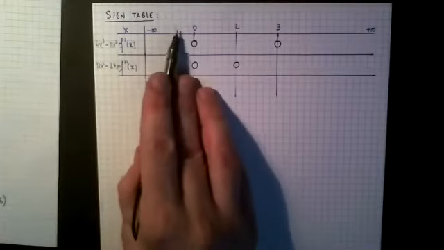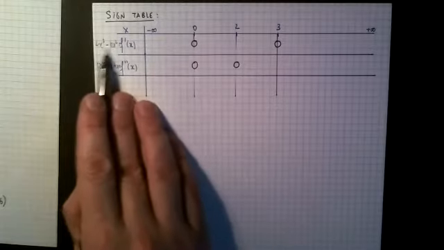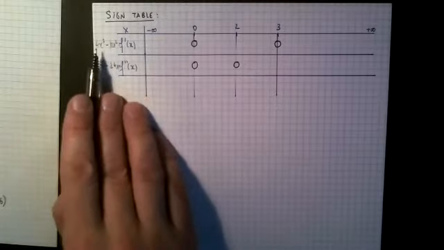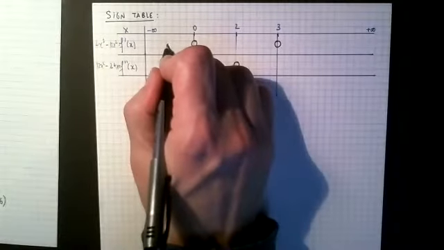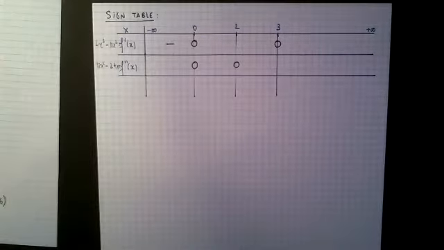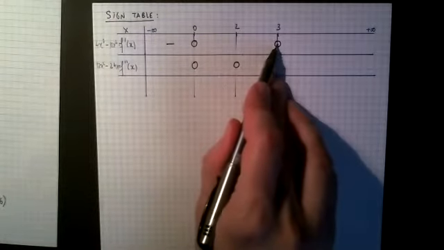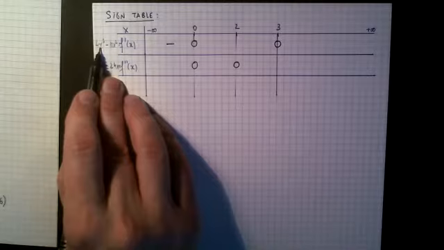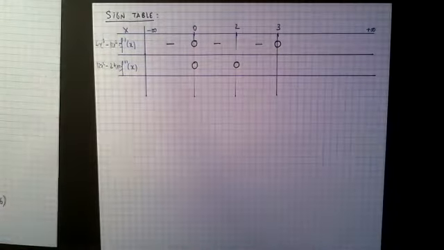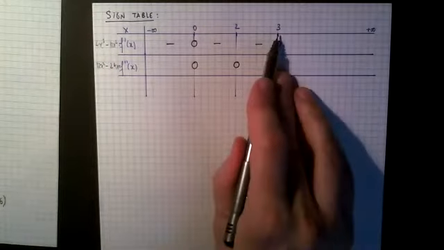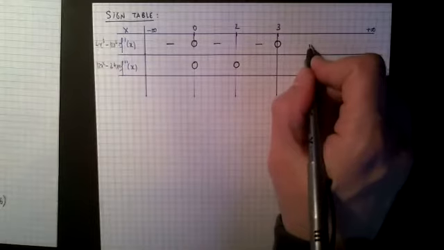If I plug in any number before 0, for example -1, you get -4 minus 12, so I got a negative number. If you plug in any number between 0 and 3, for example 1, you still get a negative number. So negative, negative. And if you plug in a number bigger than 3, you're going to get a positive number.